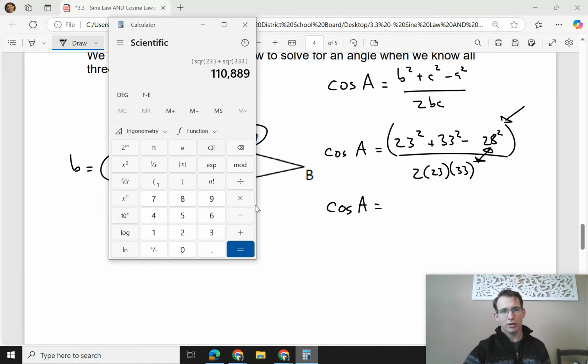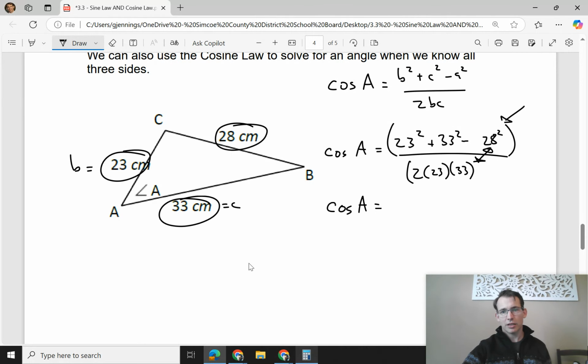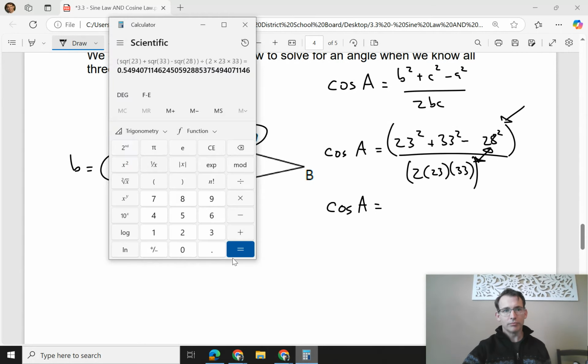No, not 333, clear. 33 squared minus, wait, it's only that much? Yeah, that's right. Minus 28 squared, and the bracket, that's what's on top, divided by, put this in brackets too, 2 times 23 times 33, and that bracket, equals that.